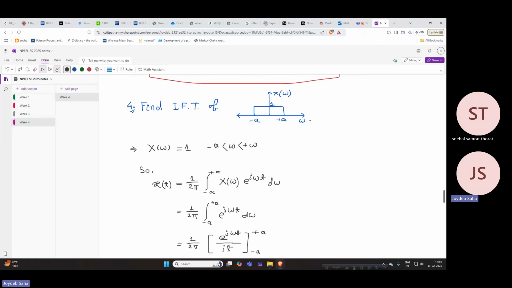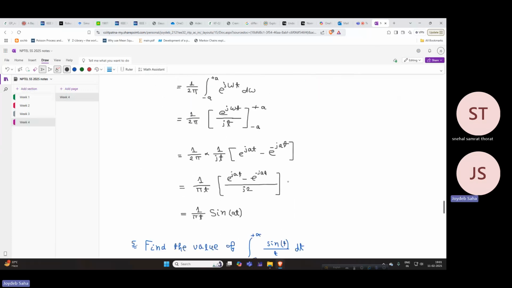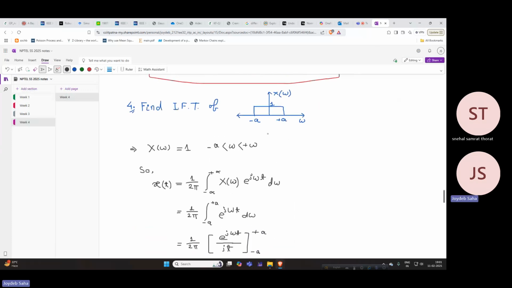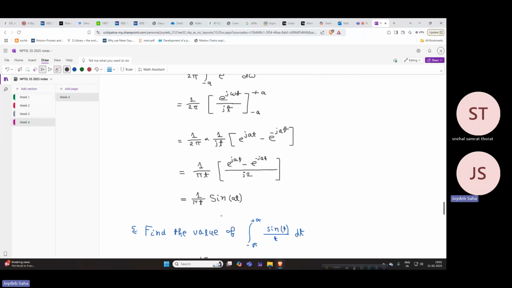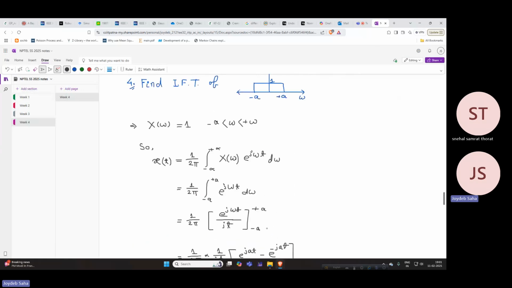So the Fourier transform of this will be this. So inverse Fourier transform of this is sin 80 by pi t. So the Fourier transform of sin 80 by pi t will be this one, right?